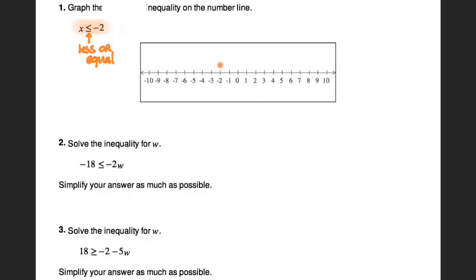So that means that to graph the inequality, we're just going to shade everything that is to the left of -2 on the number line. So if the question were just to graph the inequality x is less than or equal to -2, I would draw a picture that looks like this. I would fill in a solid circle here at -2, and then I would shade everything on the number line to the left. So that's for the first piece. Again, the equal to explains the solid circle. The less explains why we shaded everything to the left.